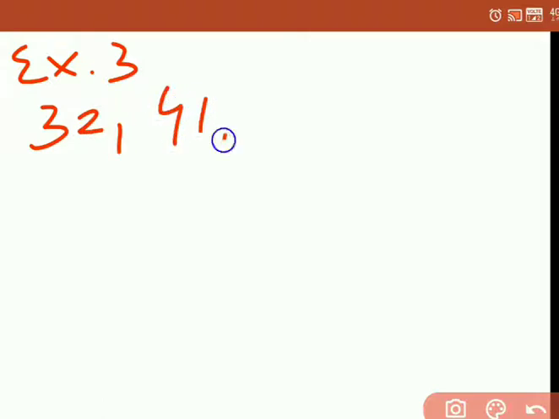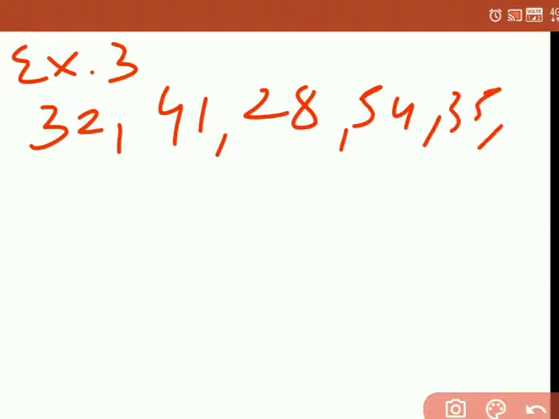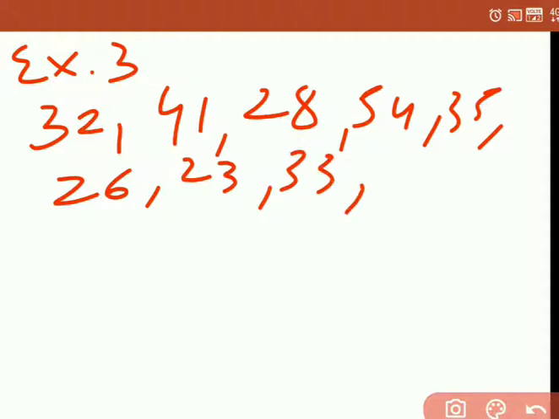See, you have been given example 3, right? In example 3 you are given the ages of 10 teachers in your school. The data is 32, 41, 28, 54, 35, 36, sorry, 26, 23, 33, 38, and 40. These are the ages of teachers.